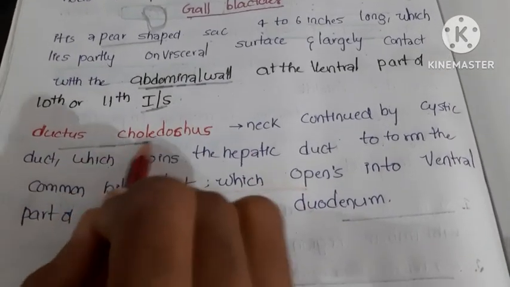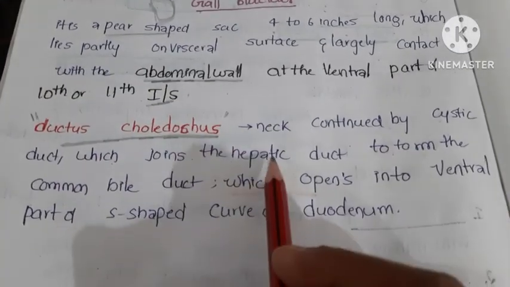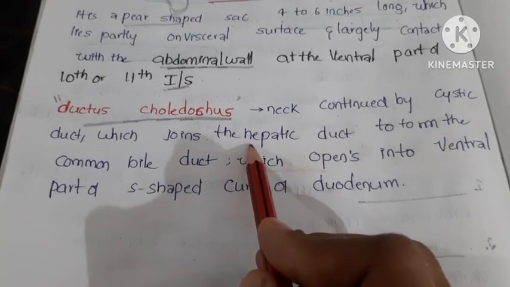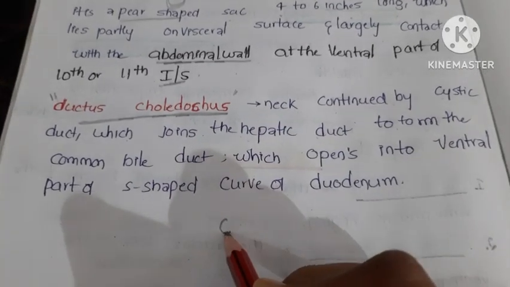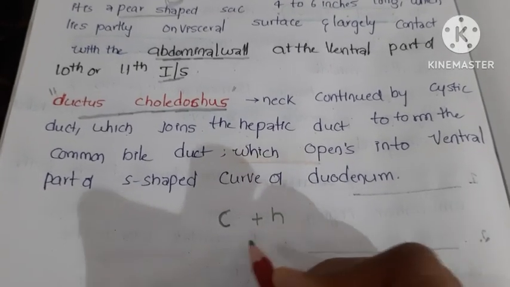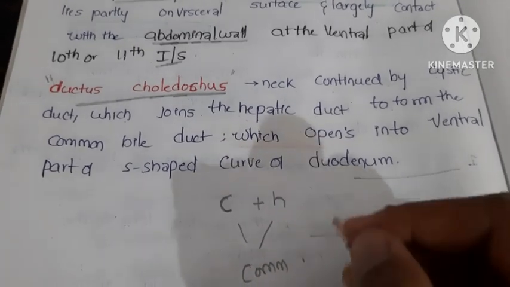Ductus choledochus. So this is very important. What is meant by ductus choledochus? The neck is continued by the cystic duct, which is joined by the hepatic duct. The cystic duct, after joining with the hepatic duct, forms the common bile duct. What is meant by common bile duct?